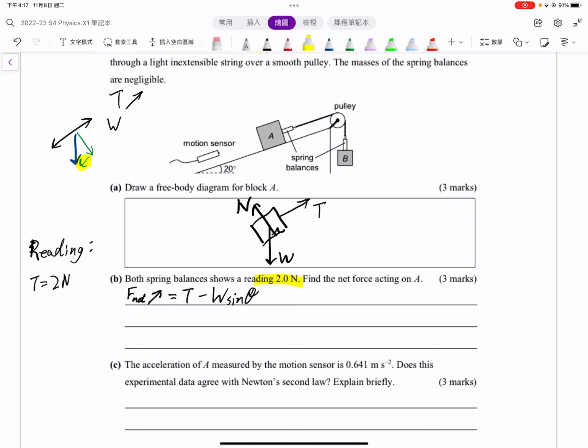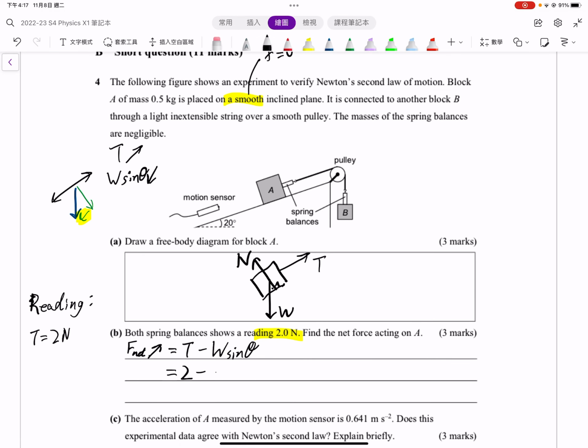And this one is the force pulling it downward along the plane. You can use 2 minus the weight, where the mass is 0.5, times 9.81 times sine 20 degrees, which equals 0.322 Newton.